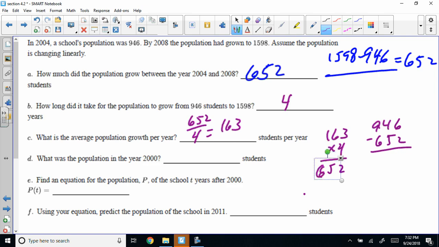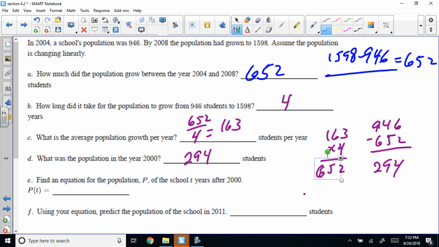So 946 minus 652. I got 294. Is that okay? Yeah, y'all agree? Sweet. Find an equation for the population P of the school T years after 2000.